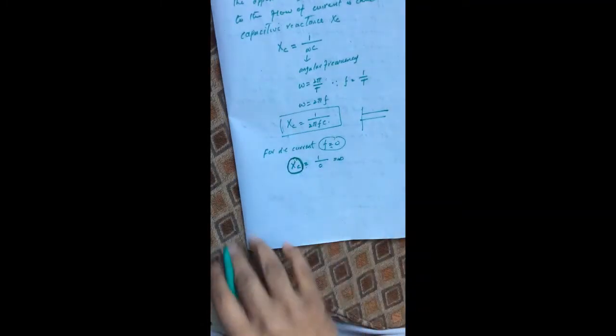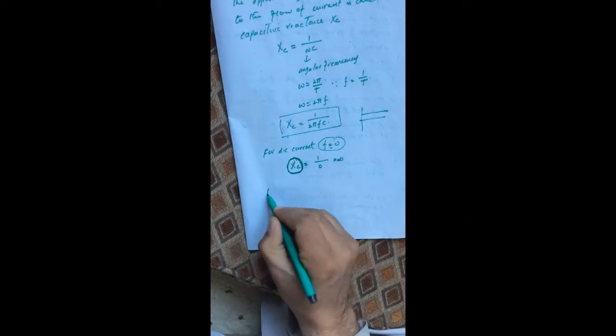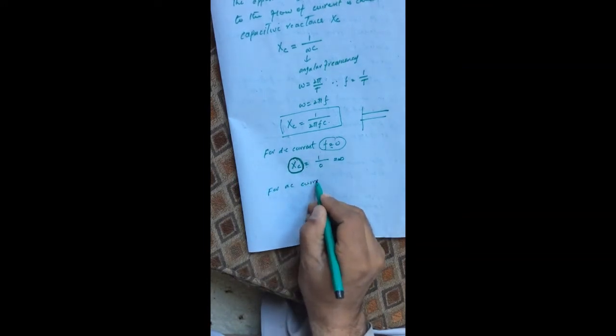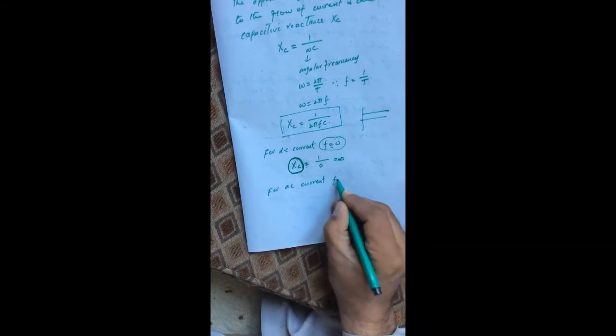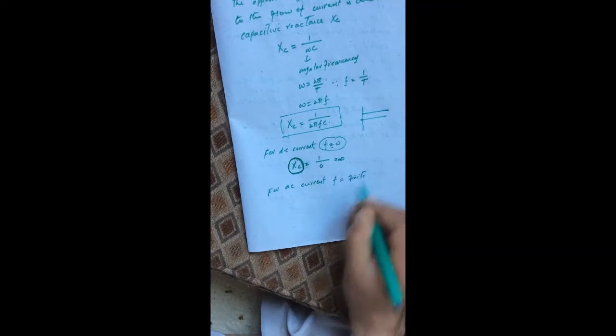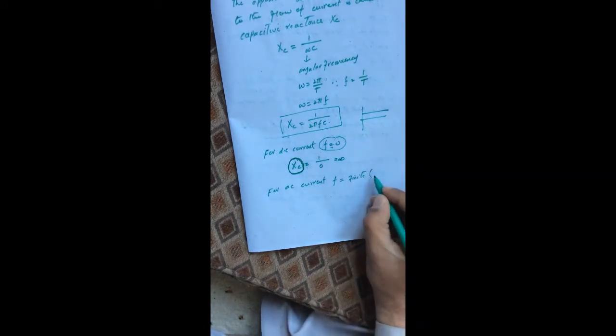Now we will check it for AC current. For AC current, the frequency will be finite and non-zero.